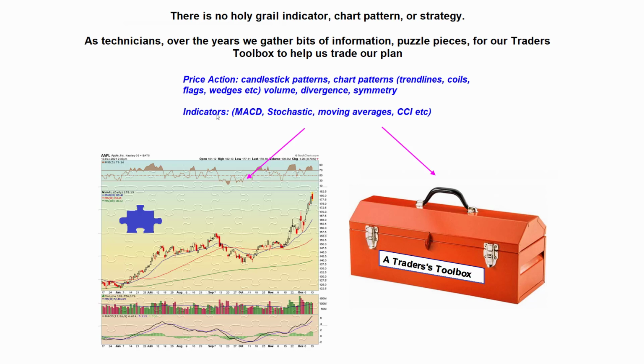And of course, you have your mathematical type indicators like the MACD, stochastic, moving averages, Bollinger Band, CCI, etc. All right. Again, we're going to focus on symmetry. I will be referring to some of these other technical items like MACD or stochastic, divergence, as well as patterns, but the primary thing is going to be on symmetry.